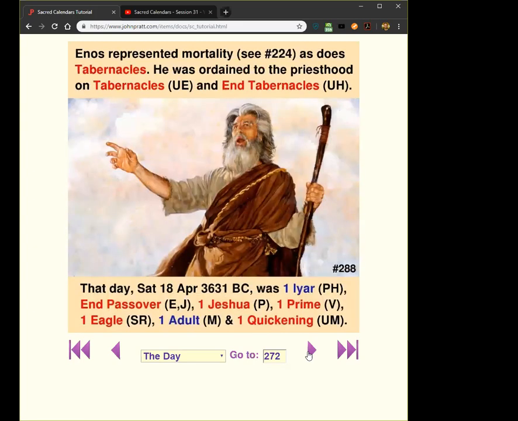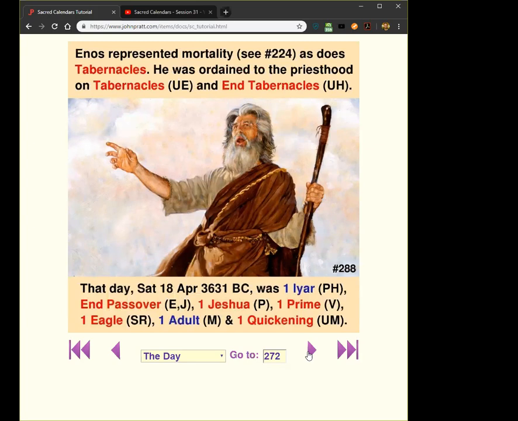Enos, we've talked about before. His name means mortal, or man, but it's man in the sense of mortal. They have different words for man, but it represents, and morte is death. Mortality means you can die. So mortal is dieable, kind of a thing.